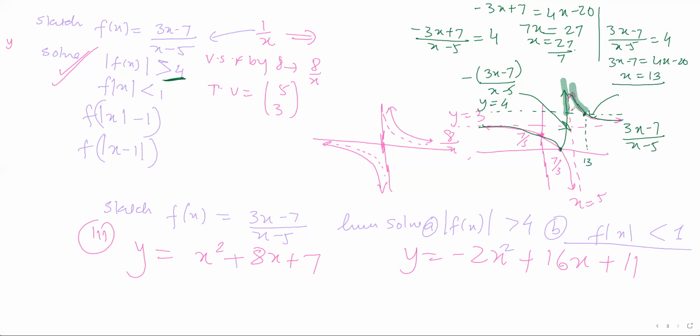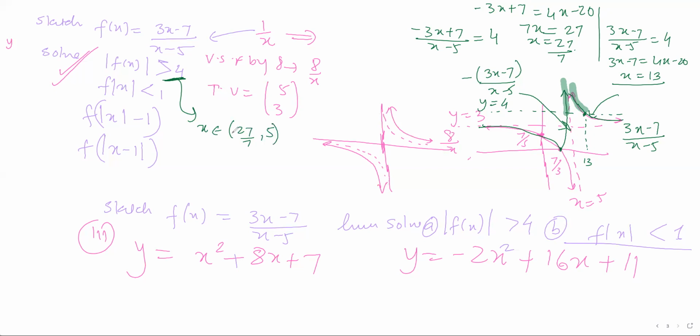Now, when you're writing the correct solution for this, the final answer for this inequality is, you can see that it is from 27 by 7 until this point 5, 27 by 7 to 5. So x belongs to 27 by 7 until 5.